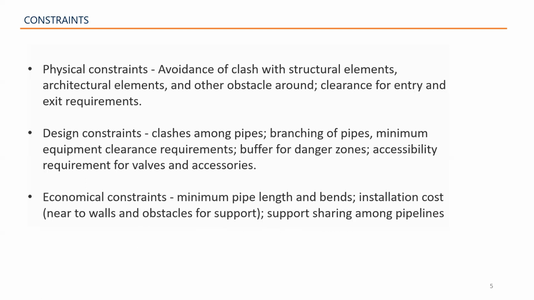This one is invisible, but also important. The total cost could be reduced by minimum pipe lengths and bends. Installation cost refers to how far the pipe is located from walls and obstacles for the support accessory. If you can share supports among pipes, it will also reduce the cost.